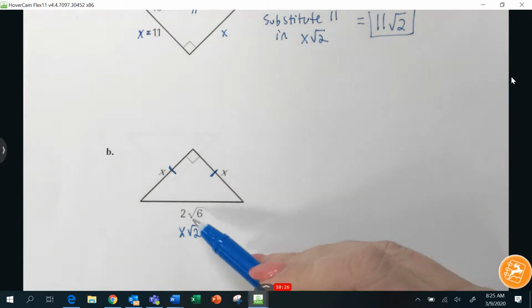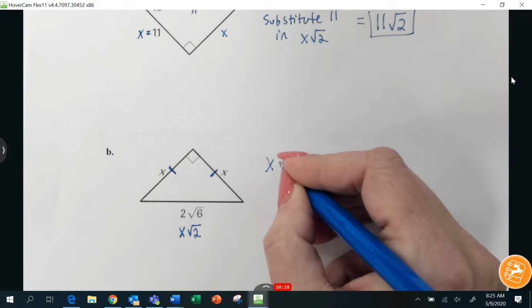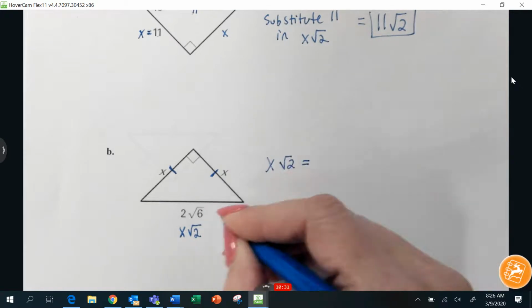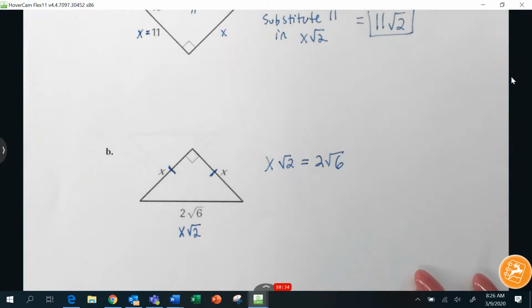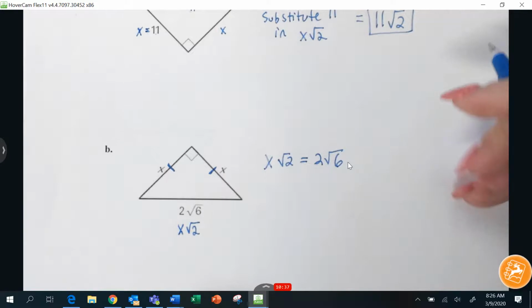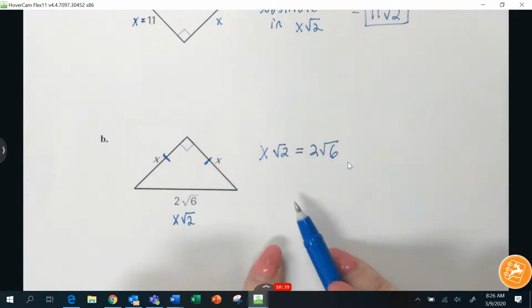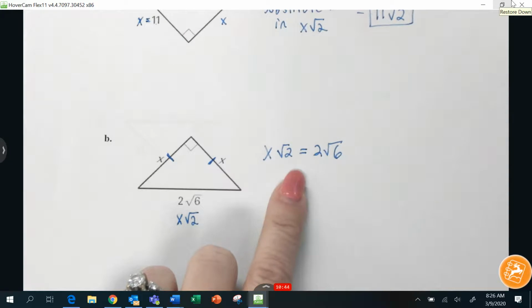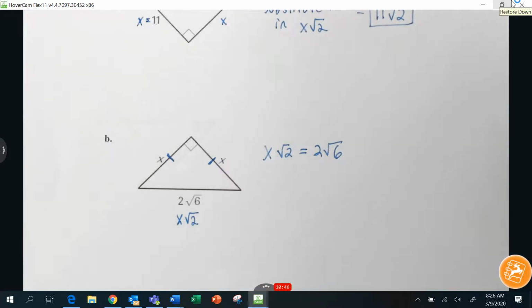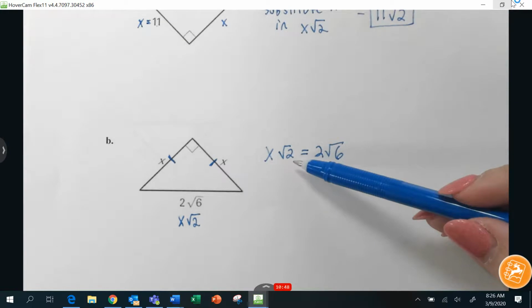I know that x square root 2 is the same side as 2 square root 6. So I'm going to solve this equation for x. How do I get x by itself?